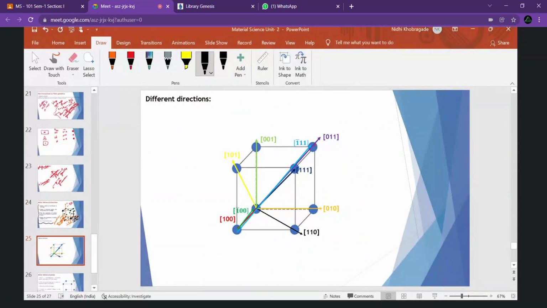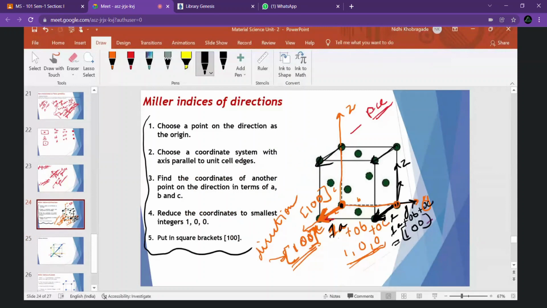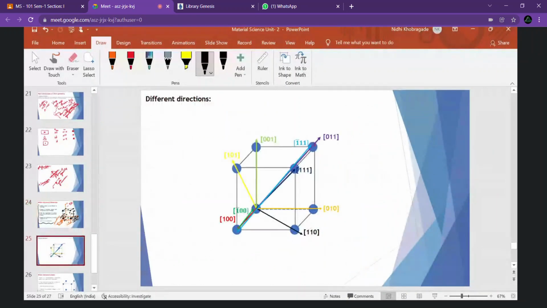So this is a certain crystal, our respective crystal, like this one. From what we have observed here, we can initially mark the direction, and from that particular direction we can specify the Miller indices.